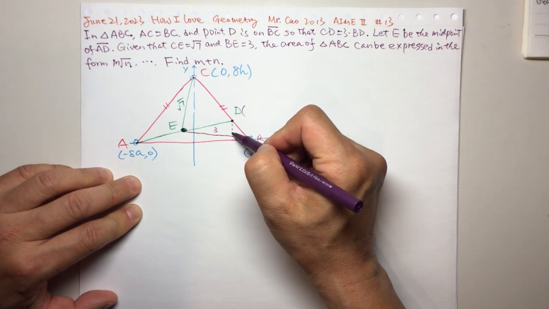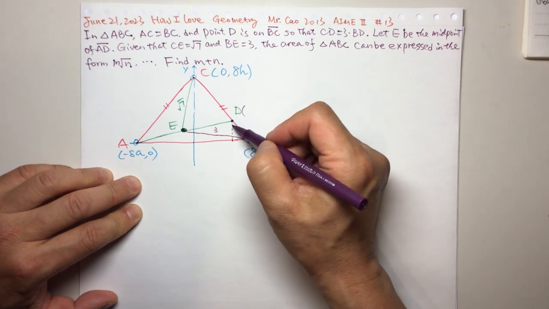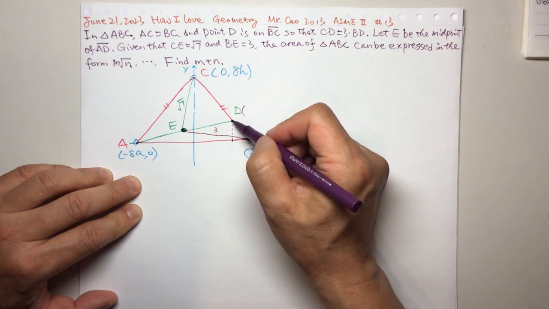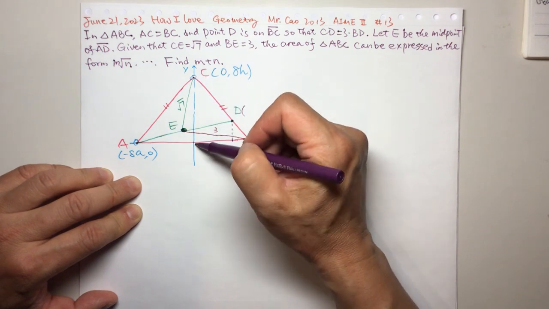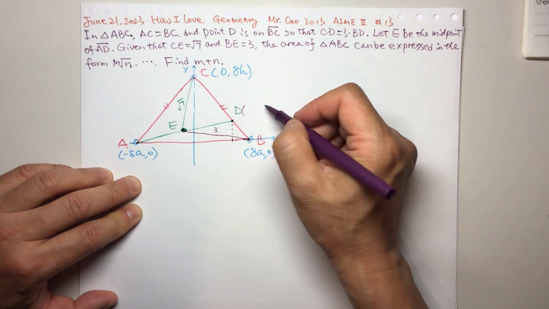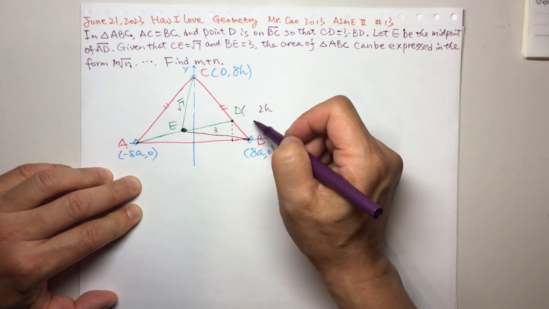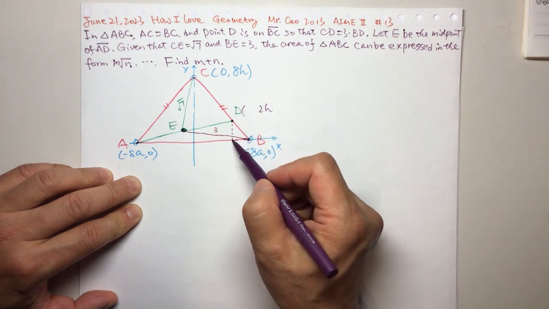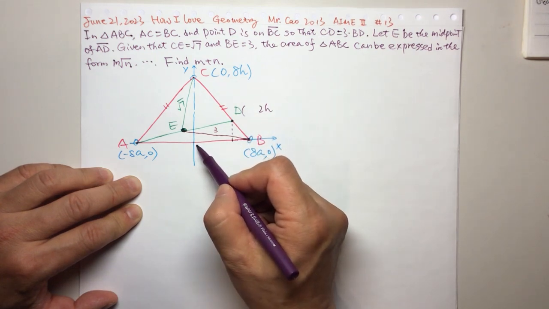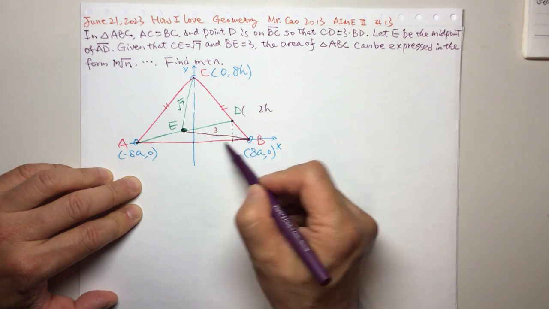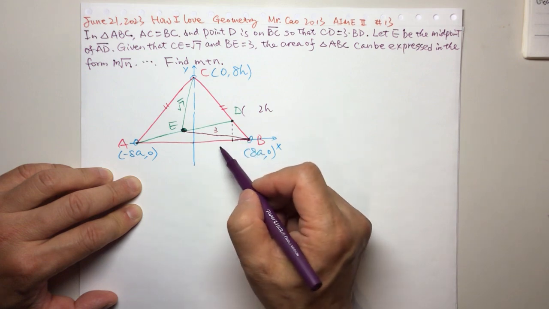And now what are the coordinates of D? The y coordinate of D to this one is 1 to 4, right? So that's 2h. Also for x, this segment to this segment is 1 to 4.